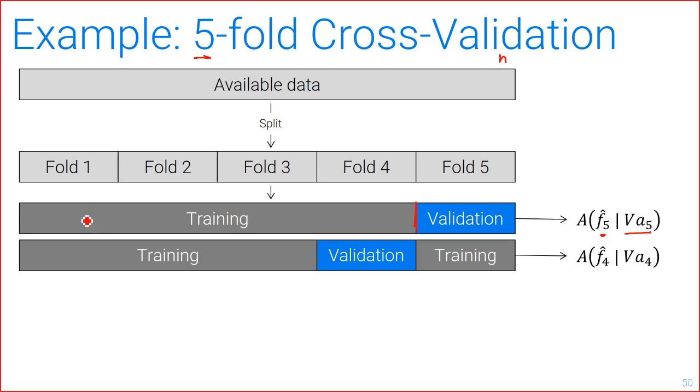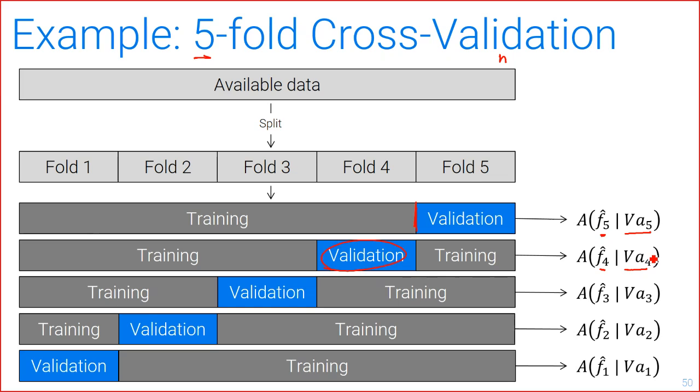Then we do the same with fold number 4. We train the model on folds 1, 2, 3, and 5. That would be our model number 4. And then we test the accuracy of the model on the validation set number 4, so on this part here. And that would be a different estimate of the accuracy of the model based on a different validation set. We do the same for the others, for fold number 3, 2, and 1. And we are going to end up with these 5 estimates of the accuracy of the model on a different validation set.